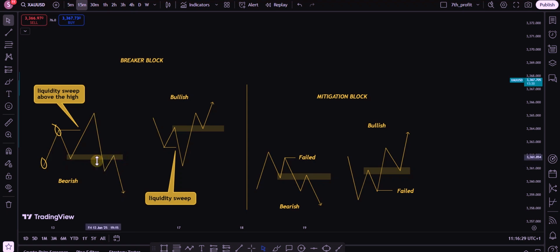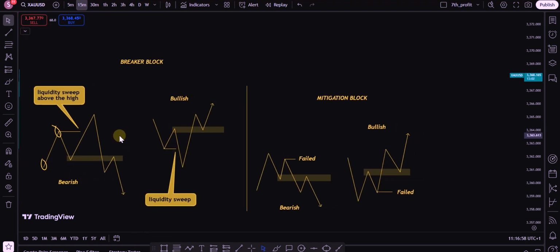They are expecting the market to sell lower, but there will be some sort of manipulation. There will be a pullback. The market will pull back, hitting their stop loss or probably taking them out, before continuing the downward momentum. I hope you understand.